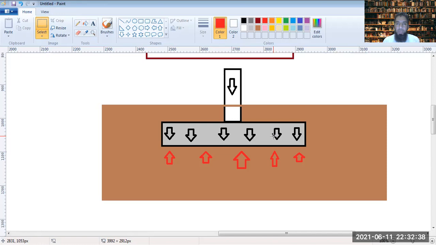Now if you move that steel plate further down into the ground and then apply the load, there is a much better resistance offered by the soil underneath it, or the sand in which it's placed.